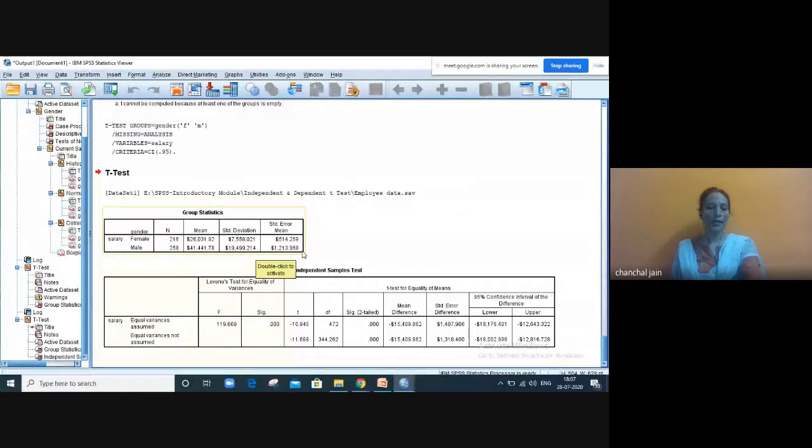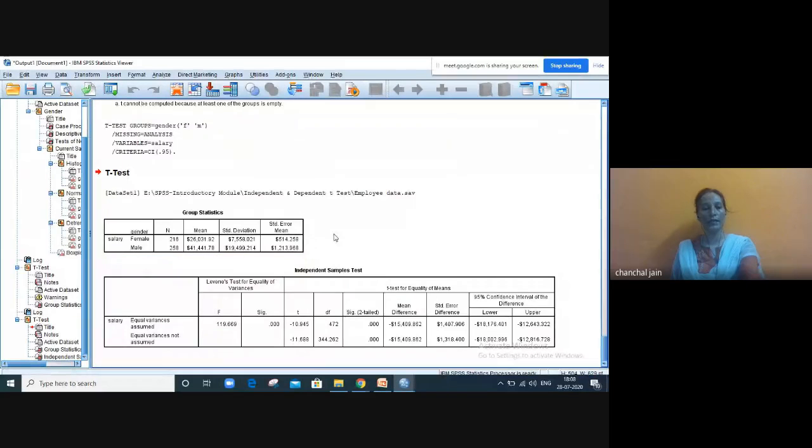The standard error formula, I have told you, I think on the first day or the second day, that with the help of standard deviation, we can calculate the standard error of the mean. How? Standard deviation divided by the square root of the sample size, meaning this value divided by the square root of 216, and this value divided by the square root of 258.